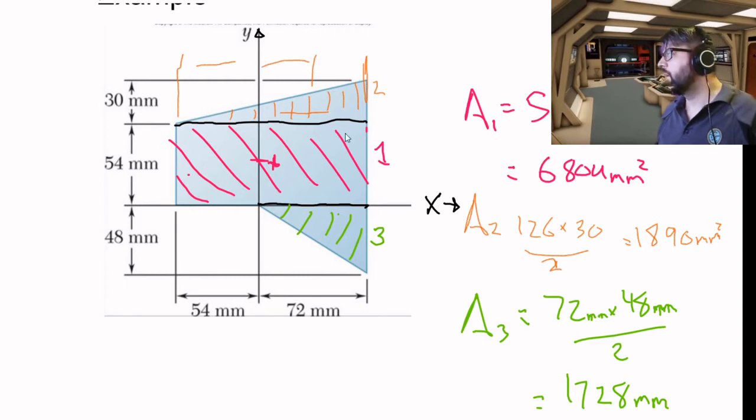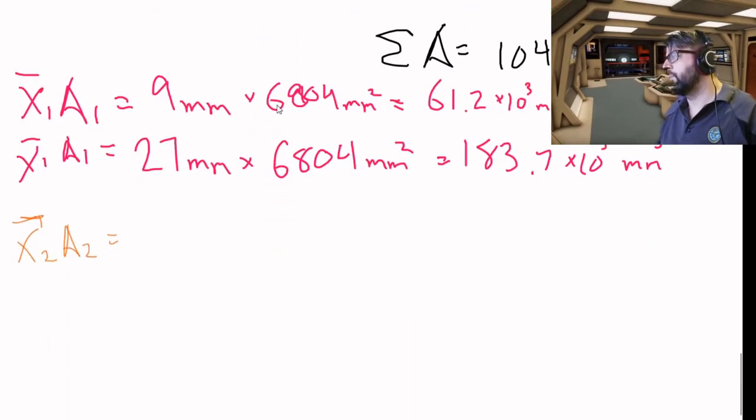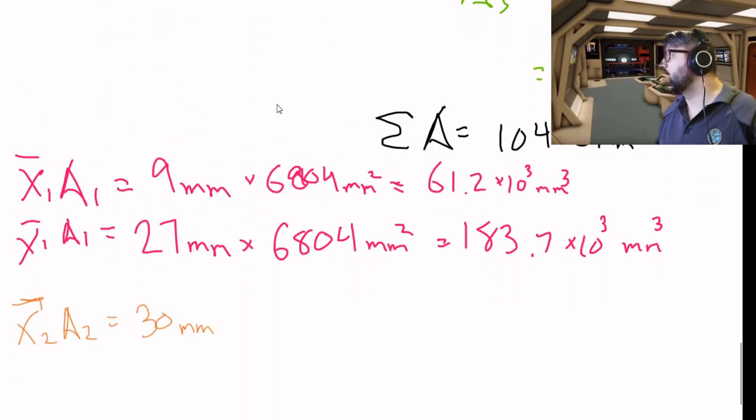Either way works. So the base is 126 millimeters. 1/3 of that is 42. So then we can just get the distance from here to here to respect our coordinate system by taking our 72, subtracting 42, which gives us 30. So our x bar is 30 millimeters, and then our area is 1890 millimeters squared.